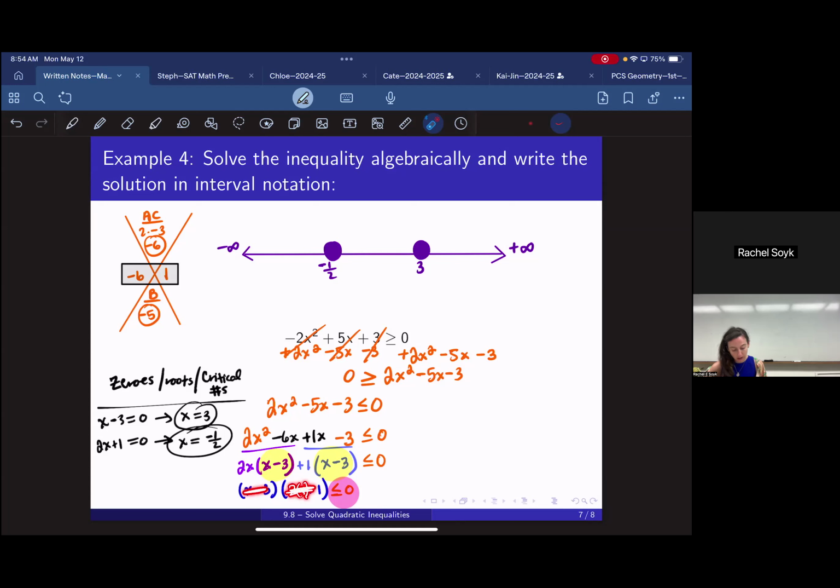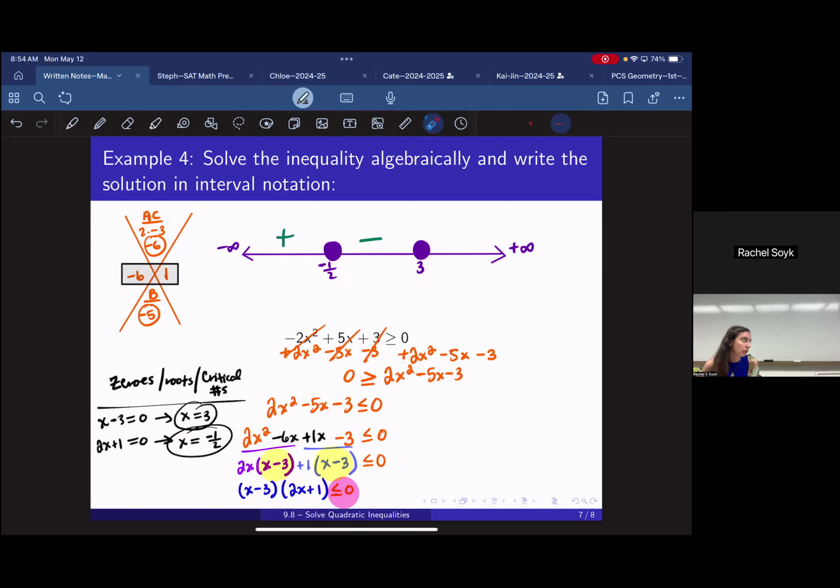So this is also negative, and a negative times a negative gives you a positive. What's a value between negative 1/2 and positive 3? 0. So plug in 0, we have 0 minus 3, that's negative. And we have 2 times 0, which is 0 plus 1, that's positive. A negative times a positive is a negative.